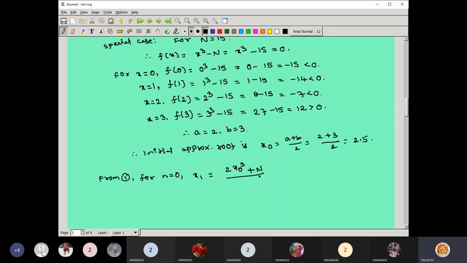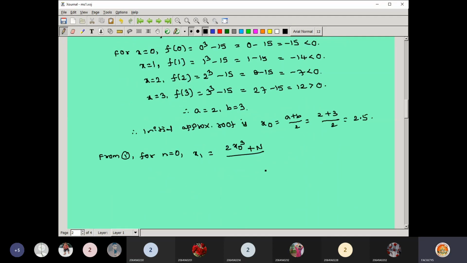totally divided by 3x naught square. I am substituting x naught as 2.5: 2 times 2.5 whole cube plus capital N, which is your 15, totally divided by 3 into x naught value 2.5, whole square.